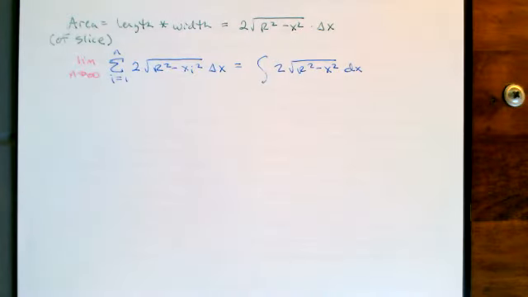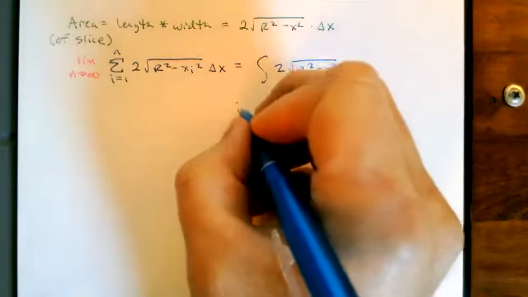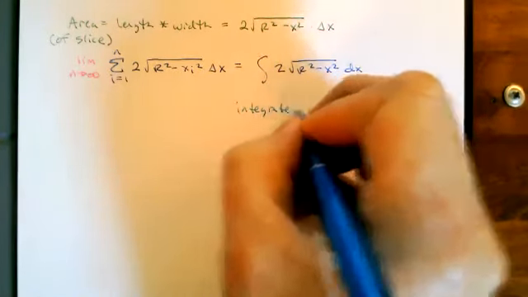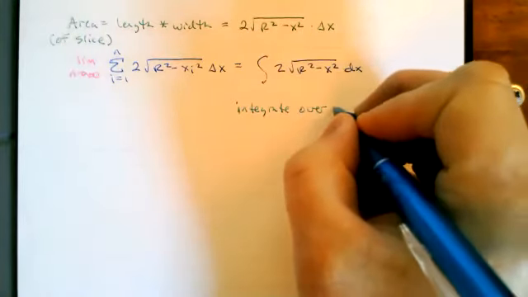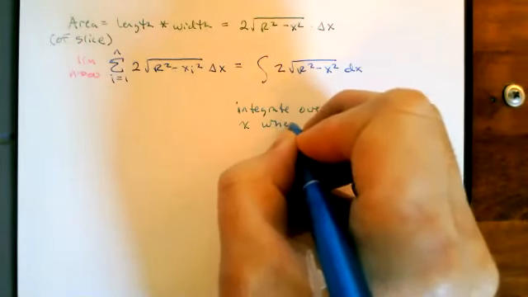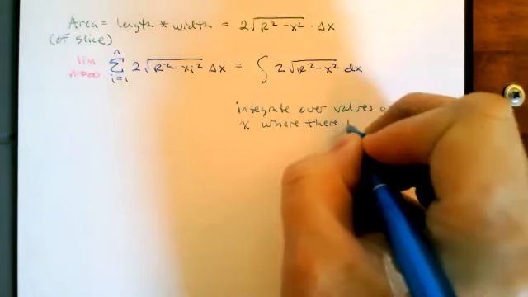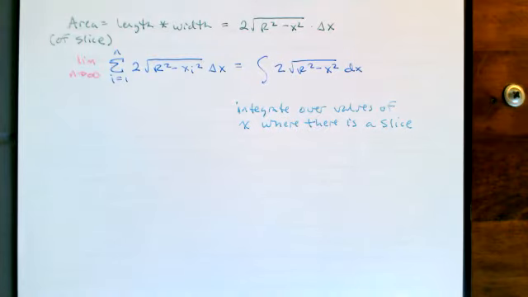The last thing that we need to turn this into a definite integral is we need to integrate where there are slices. Integrate the values of x for which there is a slice.